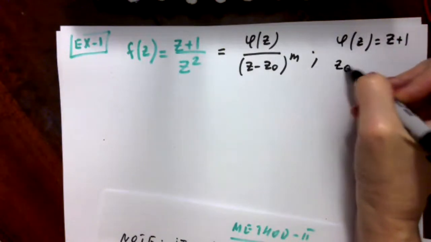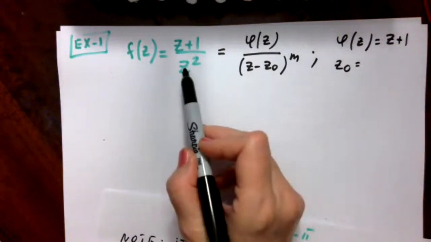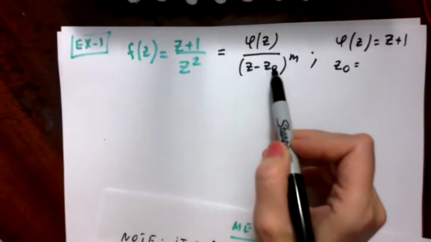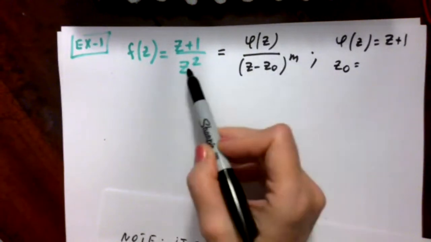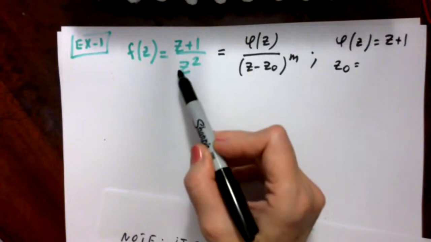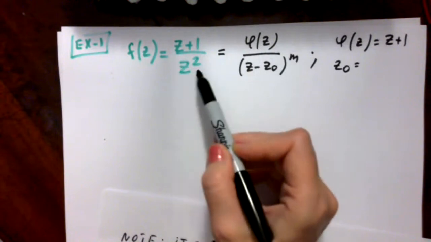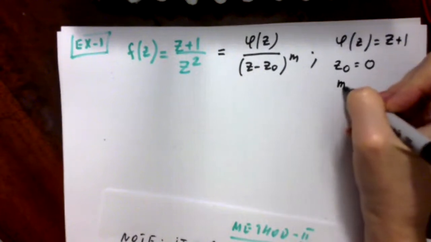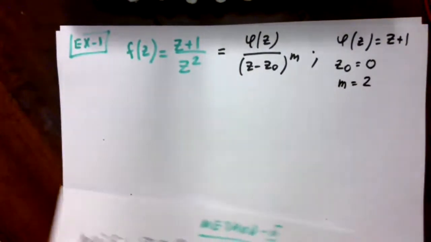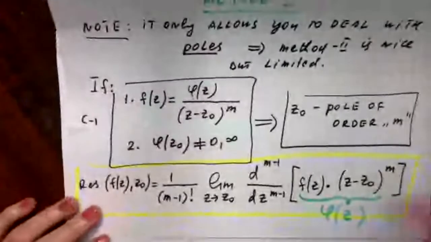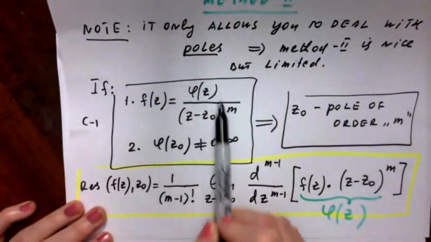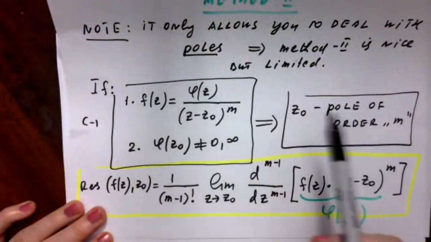What about z0? We have z squared here, and here we have (z minus z0) to the power of m. You can easily imagine that this z could be rewritten as z minus 0. So our z0 is equal to 0, and our m is equal to 2, of course. Okay, so we managed to discover that our function does look like this theorem says.